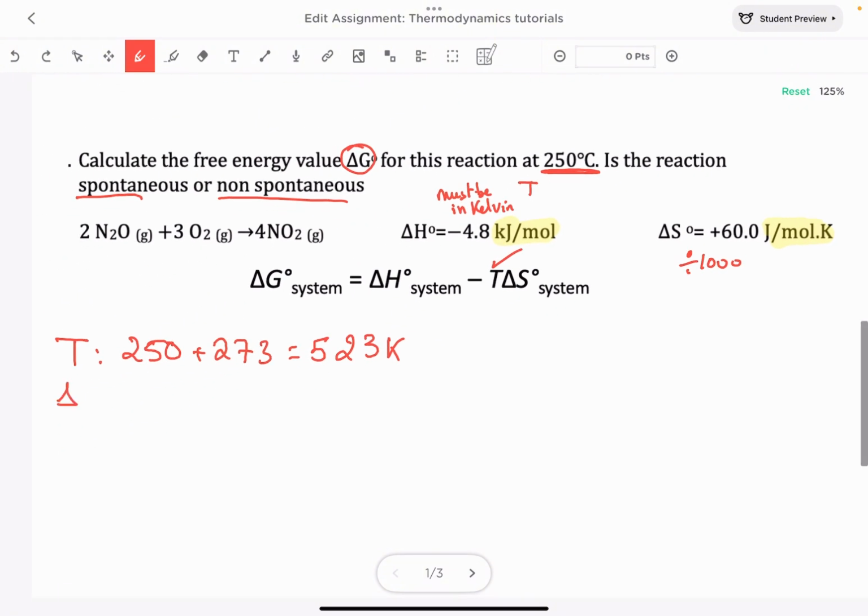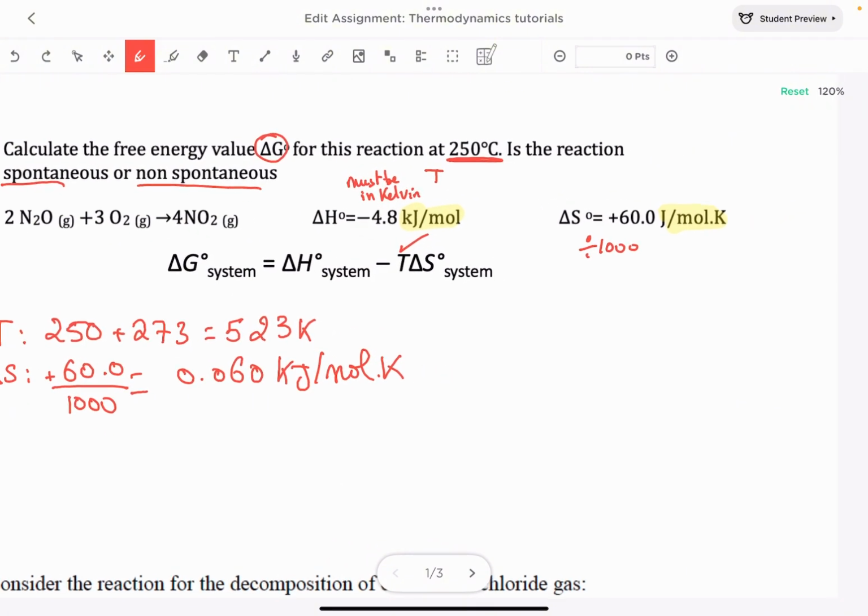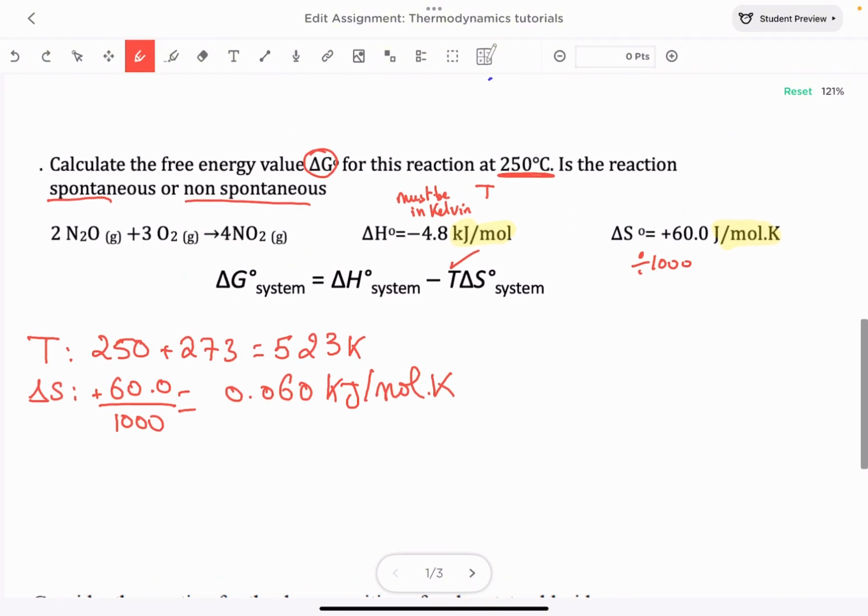So the delta S is 60 divided by 1000, which is 0.06 kilojoule per mole Kelvin. And now I'm ready to start plugging this into my formula.